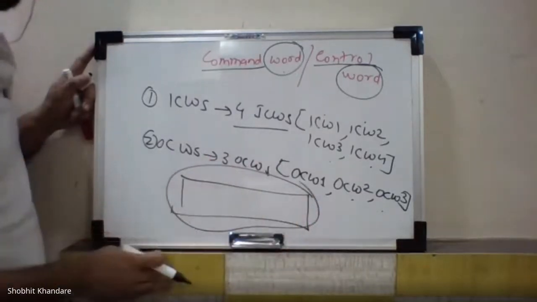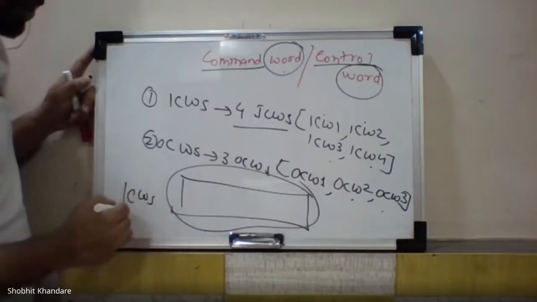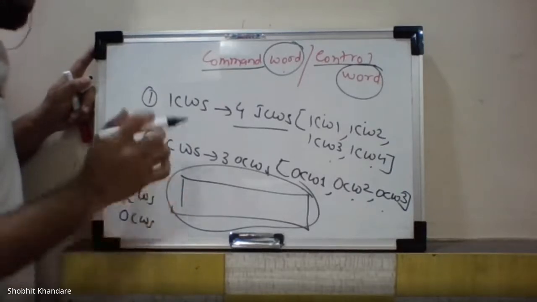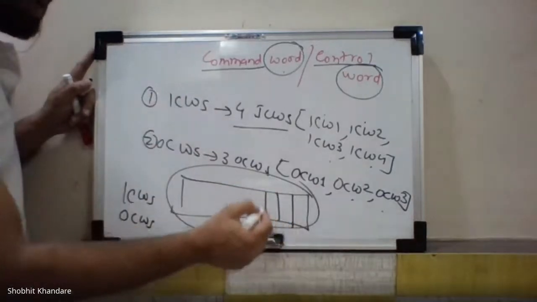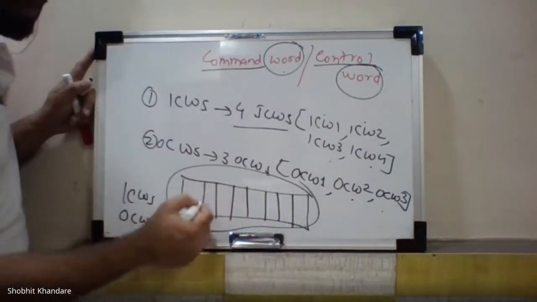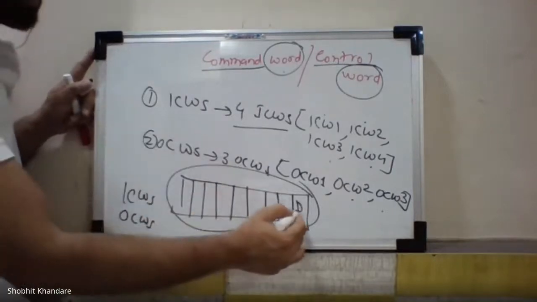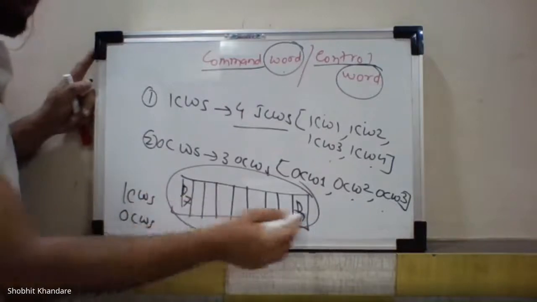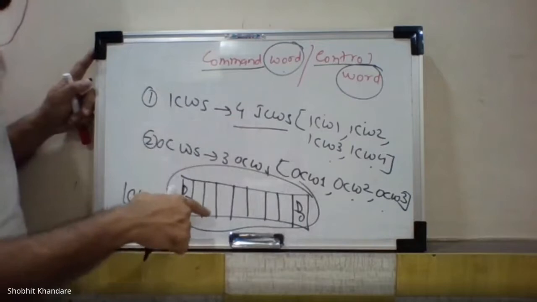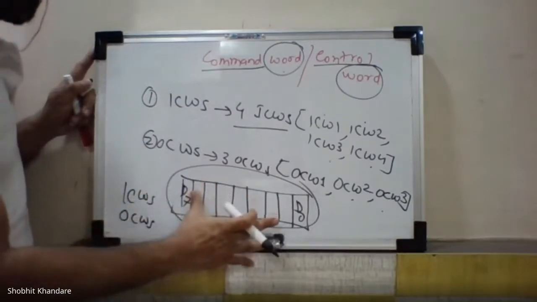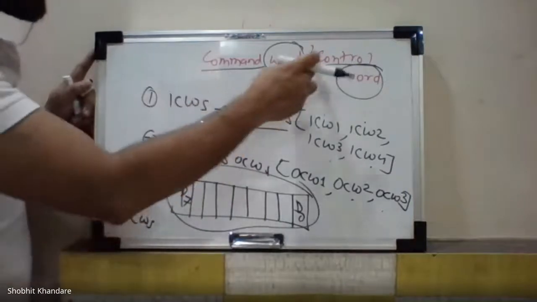This may be an ICW or an OCW, but it has 8 bits: D0, D1, D2, D3, D4, D5, D6, D7. So you have D0 to D7, a total of 8 bits, which means 1 byte. This will form a word, so you can call it a command word or a control word.